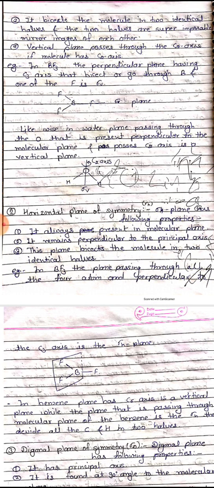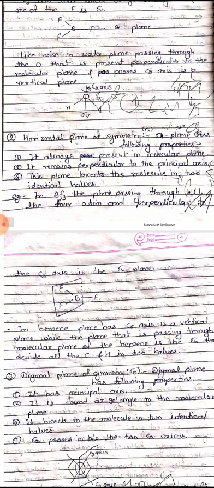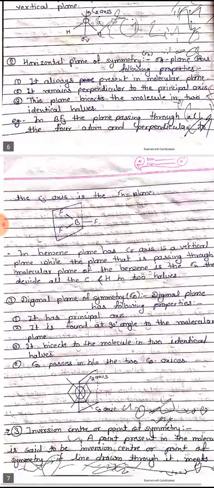Considering the atoms as balls, all the balls are cut in half, and the bonds are also bisected in half. So we get superimposable identical halves, and this plane, the molecular plane of BF3, will be regarded as the horizontal plane of symmetry. The BF3 molecule has a C3 axis, it also has C2 axes, it has vertical planes of symmetry along with a horizontal plane of symmetry. So quite a lot of symmetry elements are present in the BF3 molecule.